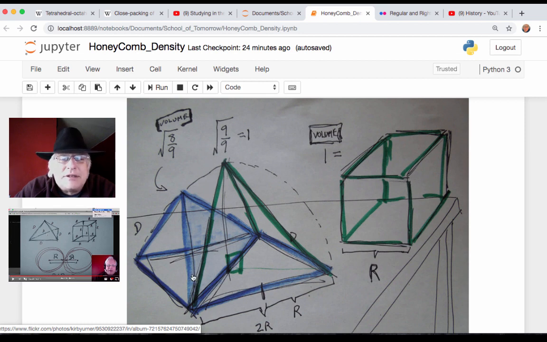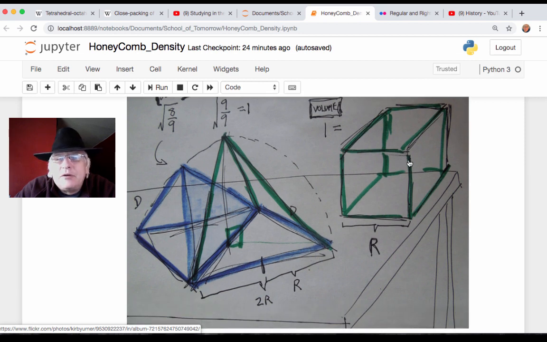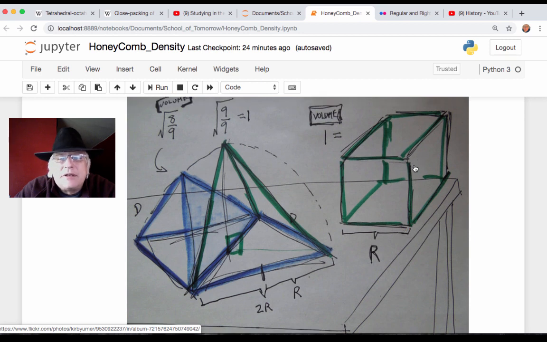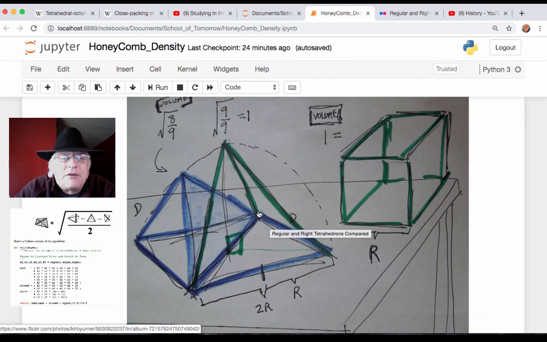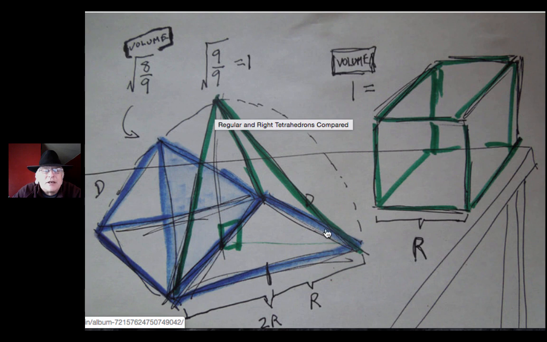So these are edges D, which is 2R, and the cube has edges half that long. But the volumes of these two are the same. That's why I'm using the green to link the two. And it's bigger than that of the regular tetrahedron with the same edge lengths, except this is a longer edge length when we stand it straight up.